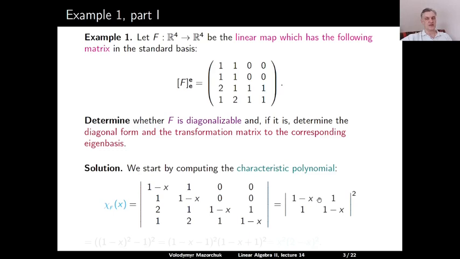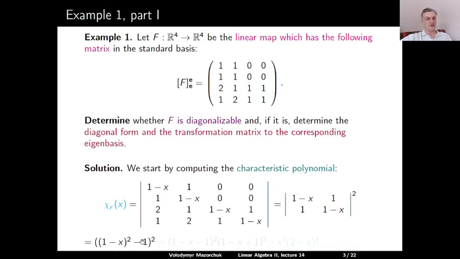So the determinant is equal to the square of the determinant of the 2 times 2 matrix (1 minus x, 1; 1, 1 minus x). So the determinant of this 2 times 2 matrix is equal to (1 minus x) squared minus 1, and then we should square it because we have the square of the determinant.